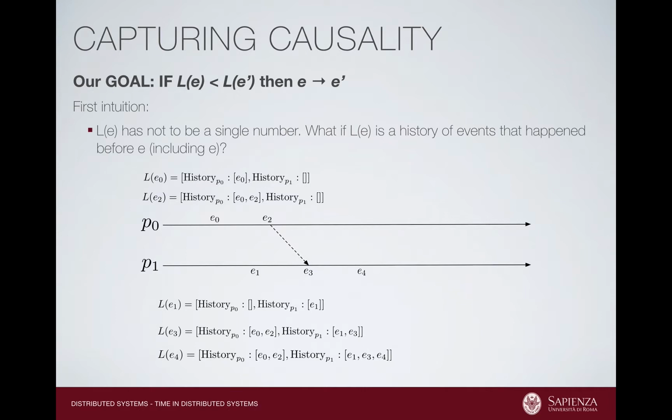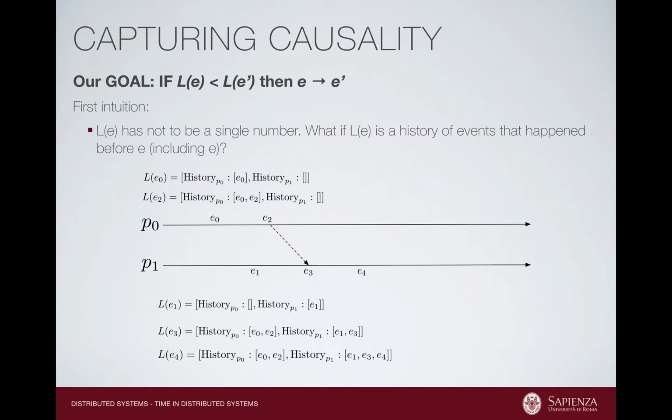But also the message is creating a causal relationship between events E0 and E2 and event E3. And so we have to put in the history of event E3 for P0 the events E0 and E2, because E0 and E2 are events that happened on process P0 but causally influence E3. And so they go there.